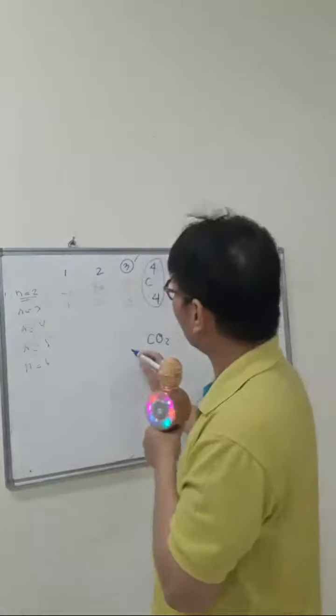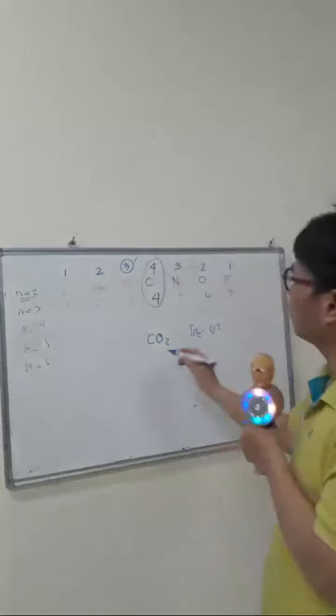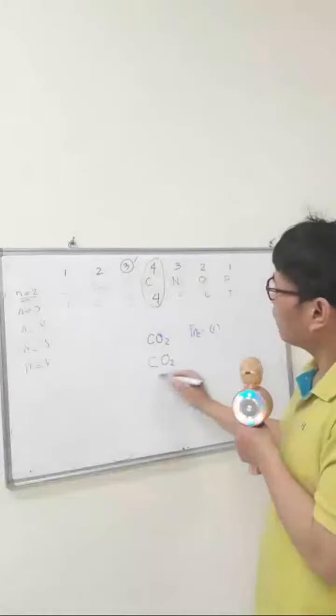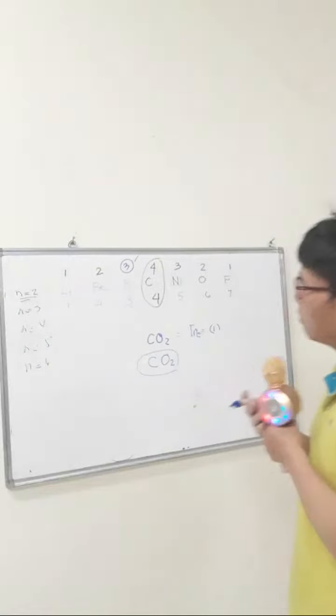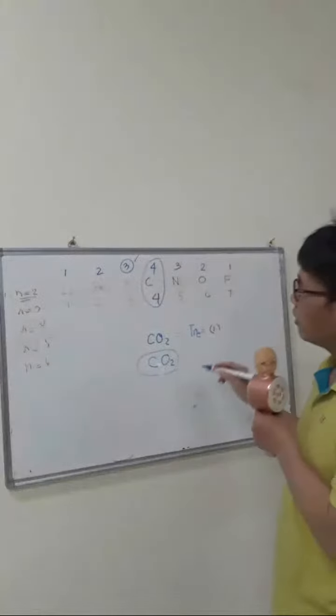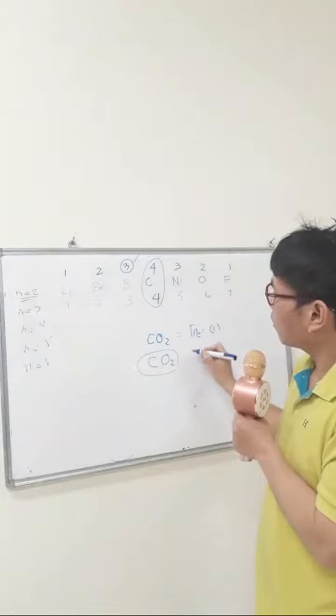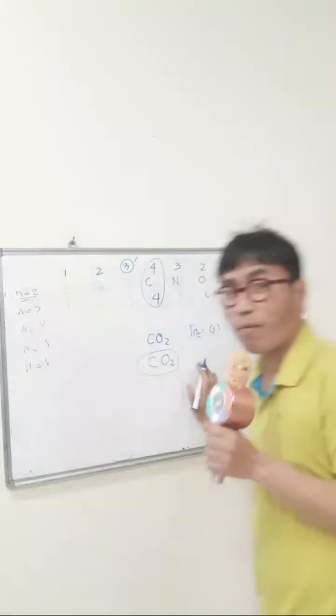So if you balance the charges, like for example, I have CO2. Okay, pareho rin lang talaga yun. Okay, CO2, pila ang charge sa CO2? Overall is equal to 0. Okay, neutral compound.